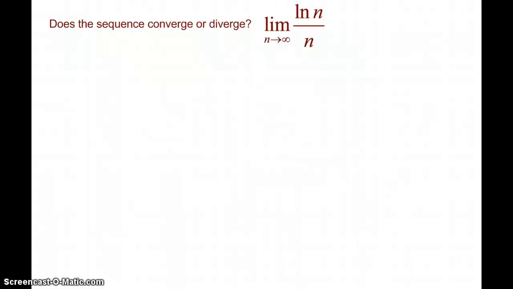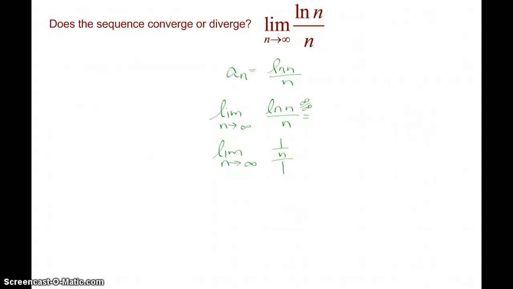Here's another one, again, already inside of the limit, but the nth term would be given to you as this. We'll run our one sequence test that we have, the natural log of n over n. When I plug in infinity, I do get infinity over infinity, so I'm going to use L'Hopital's. Again, please don't bring x to this party.